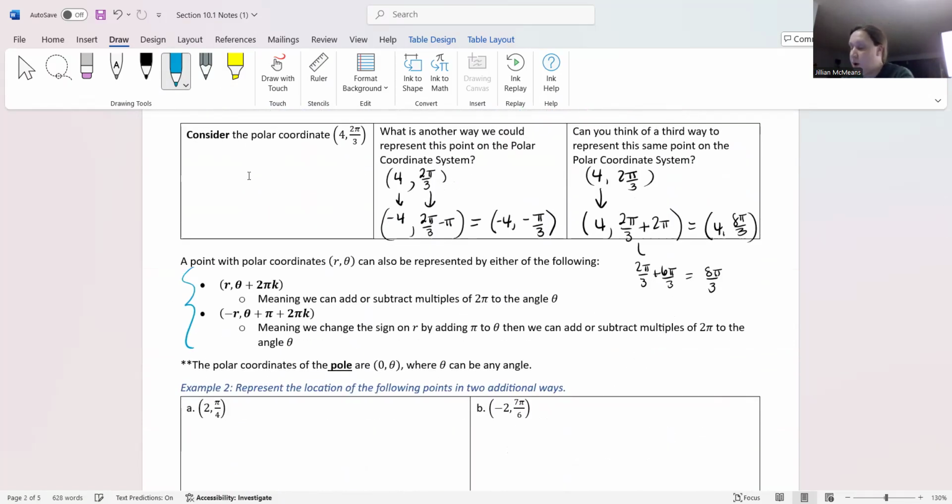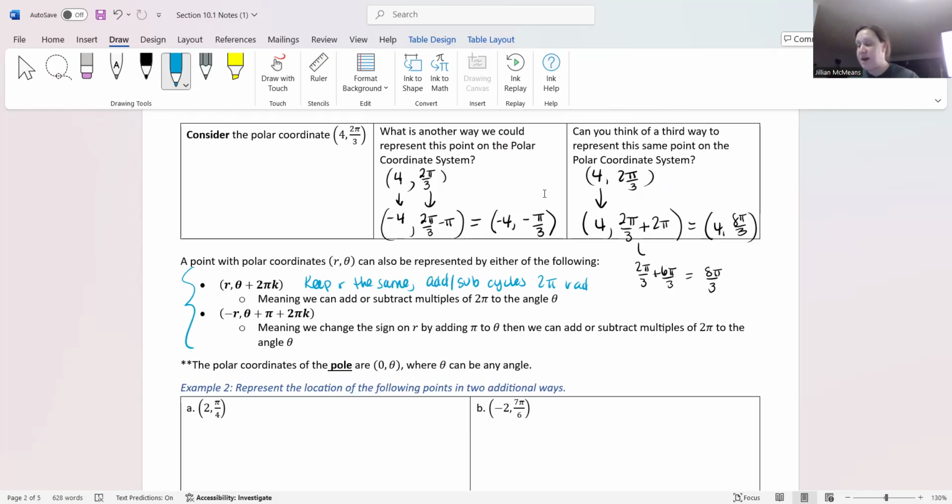Okay, so what we have here is you want to keep r the same, and then you add or subtract cycles of 2 pi radians. So you can keep r exactly the same, and then you just add cycles of 2 pi or subtract cycles of 2 pi from your angle. Now, if you change the sign on r, it's a little bit different.